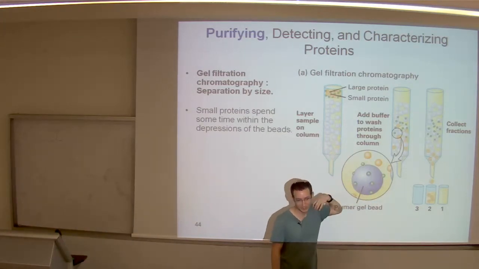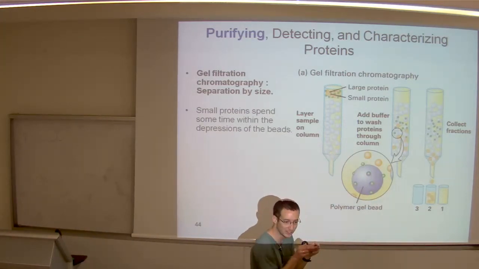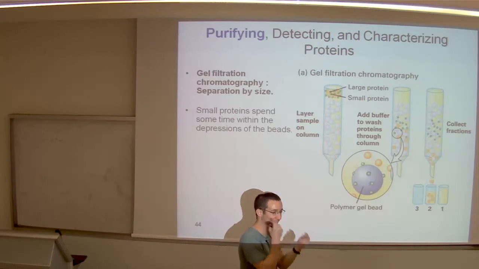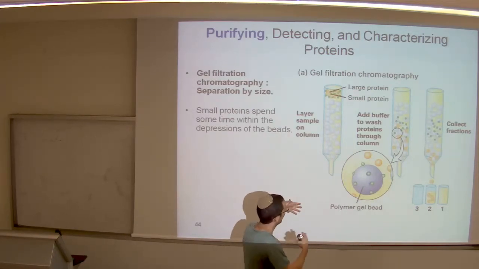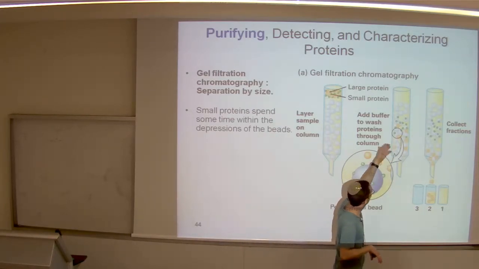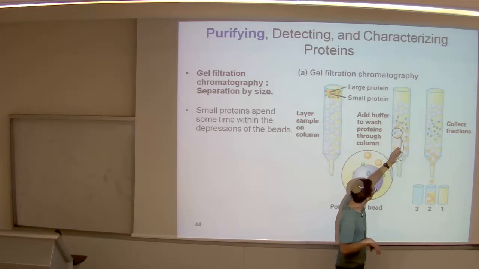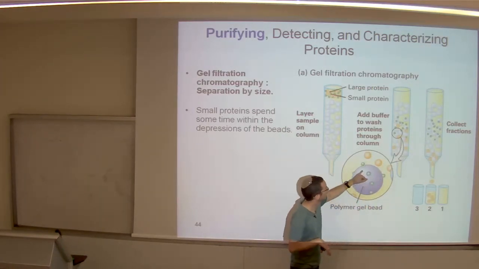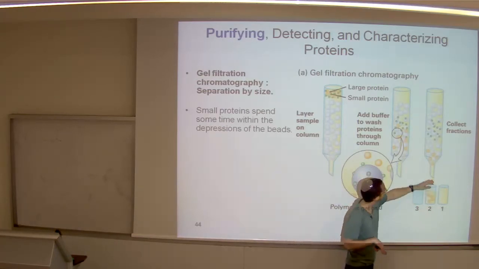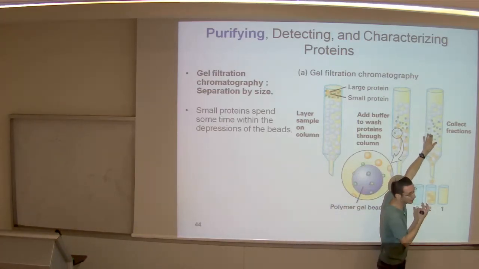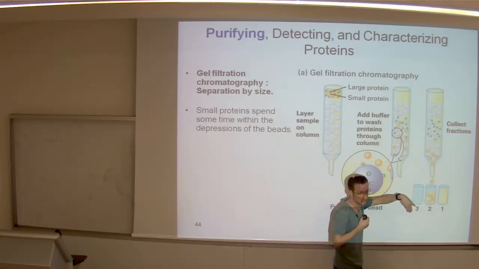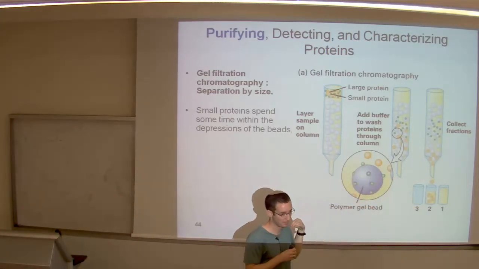So again, it's a bit counterintuitive because the small proteins exit last. One might think that big proteins stick longer inside the column, but in this case they just interact less with these depressions and hence exit first, and the small proteins stay behind and will exit at the next step.